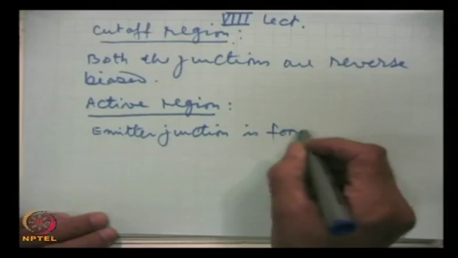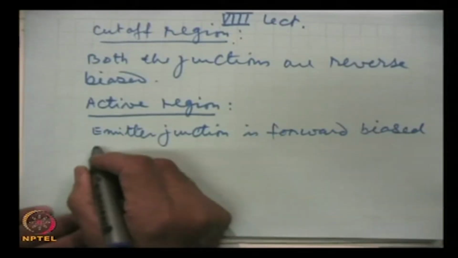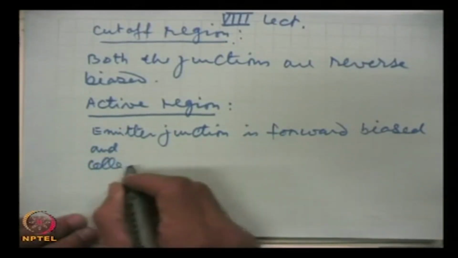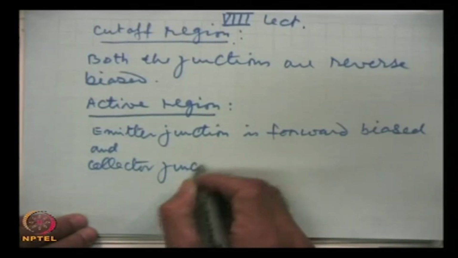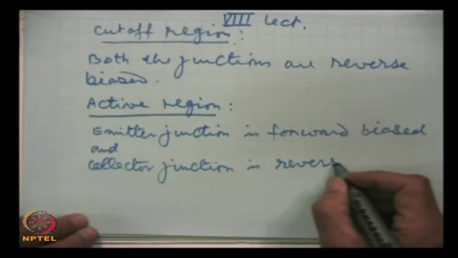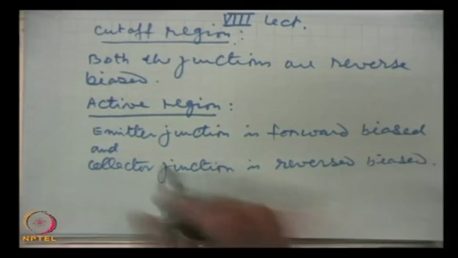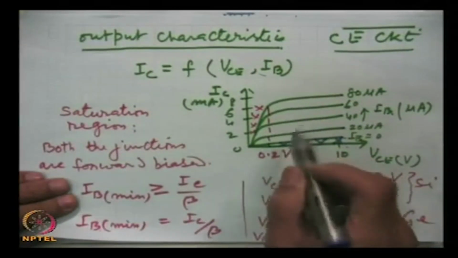This is the polarity we use when we want to use the transistor as an amplifying device. So the active region is very important for amplifier circuits.